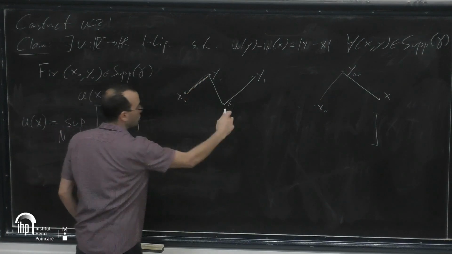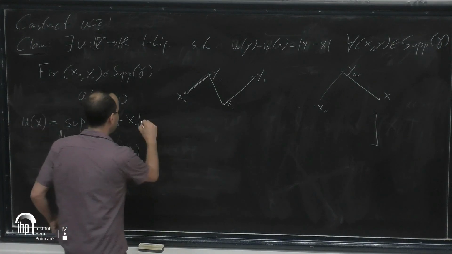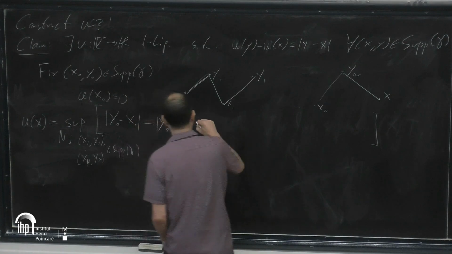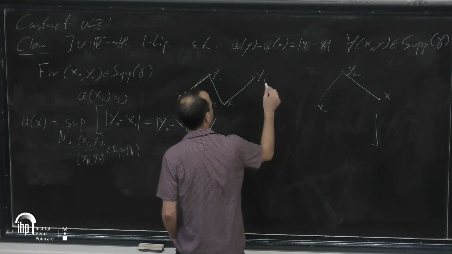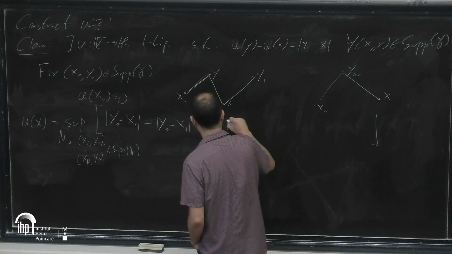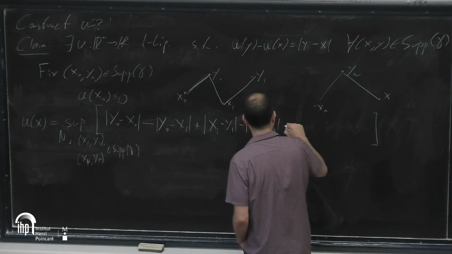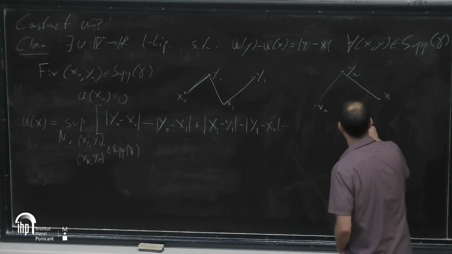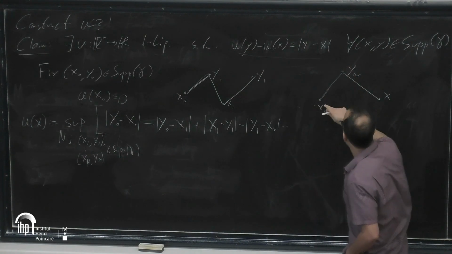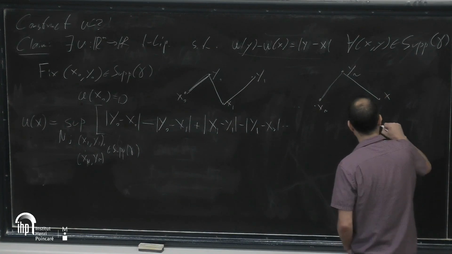Now, what's the lower bound when I go here? Since it's a 1-Lipschitz function, it cannot go down by more than the distance between y0 and x1. Then plus, going from x1 to y1, and then minus from y1 to x2, etc., until the last one. This will be with a plus, because by my assumption going from x to y should increase the value by xn minus yn.